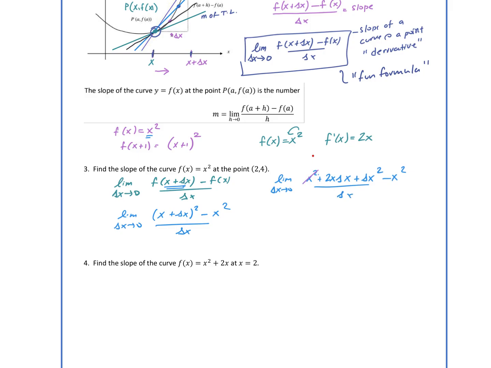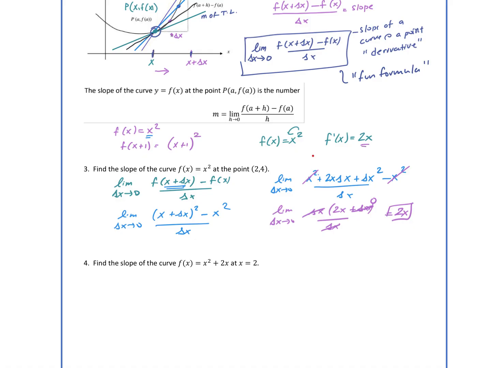So this cancels. Again, if I plug in right now, we're going to get 0 over 0. I'm going to factor out a delta x. So you get 2x plus delta x over delta x. Cancel, cancel. Plug in 0. This goes to 0. I get 2x. And that's what we got by using the shortcut.